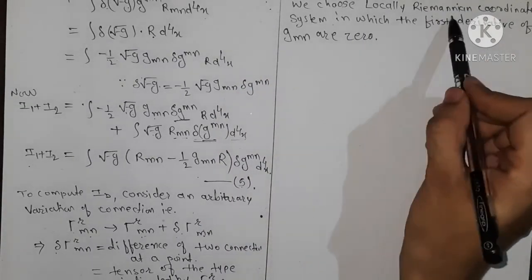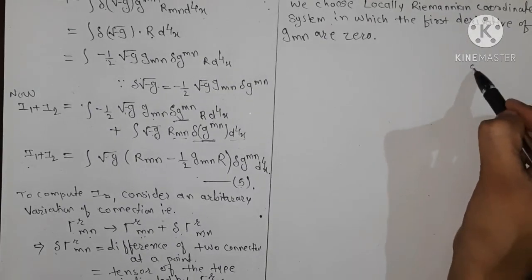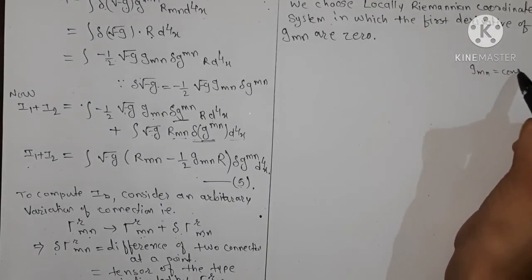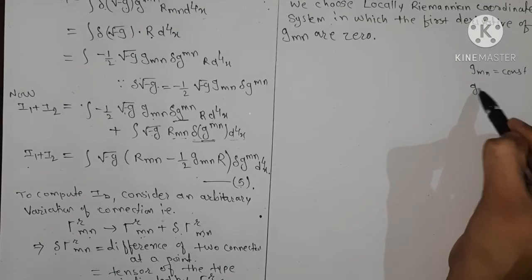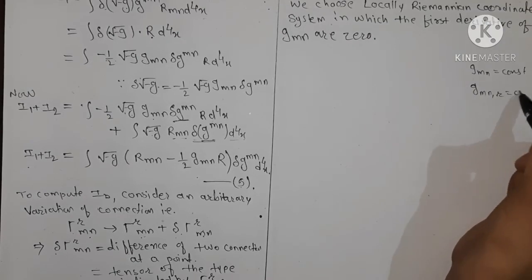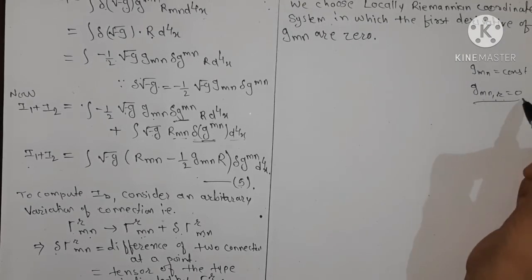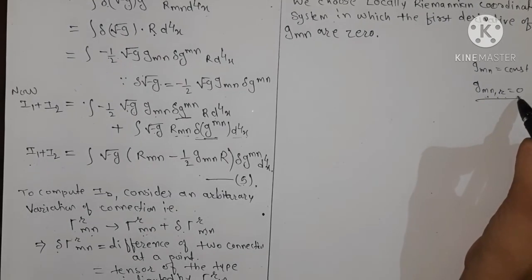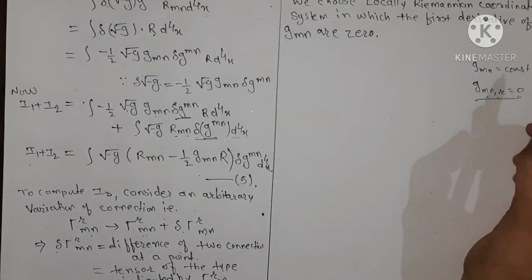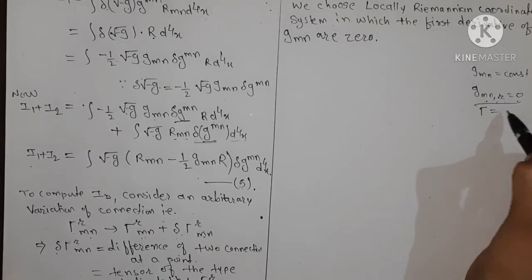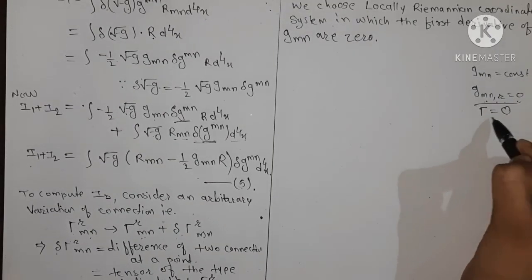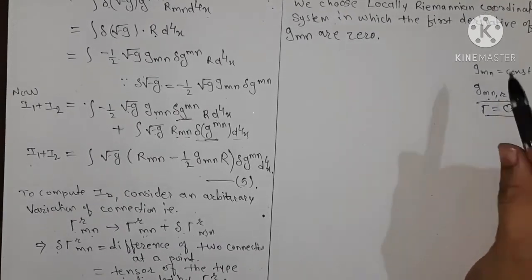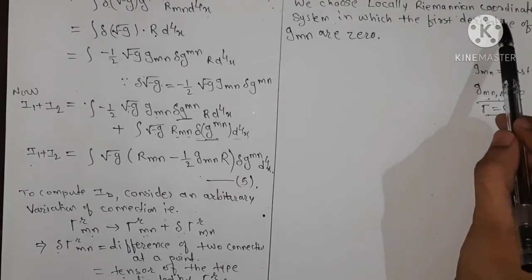Since in the local Riemannian coordinate system g_mn is constant, the derivative of g_mn is equal to 0, that is g_mn comma r equals 0. Then we take all gamma equal to 0 at the origin of the system, that is gamma^r_mn equals 0 for this local Riemannian coordinate system.